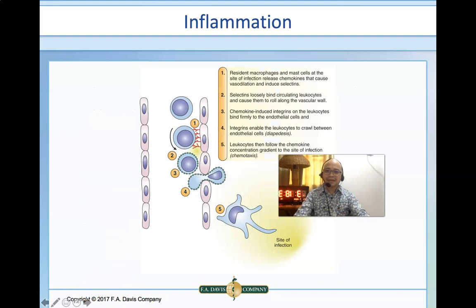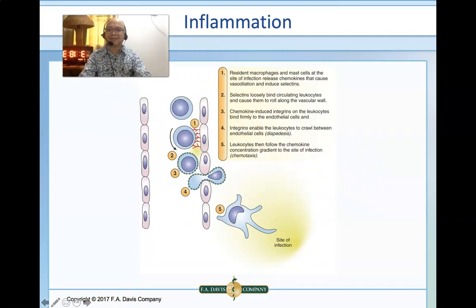So what will happen during inflammation? By the way, I will also be including an animation in this module, so be sure that you watch that animation. Resident macrophages and mast cells at the site of infection will release chemokines that cause vasodilation and induce lectin. That's the first step.